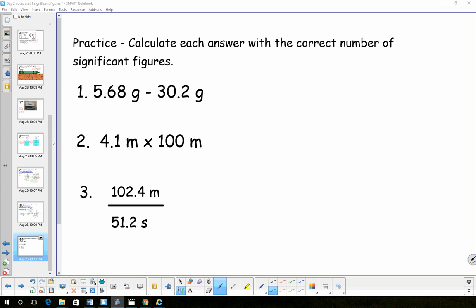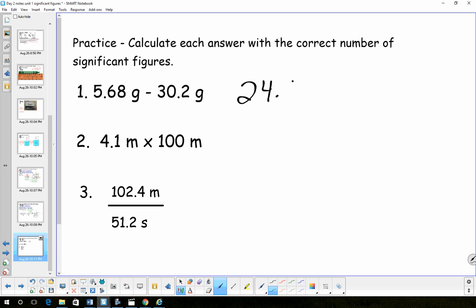Okay, are we ready to share here? Okay, who's got the answer to number 1? Who's going to be brave? Okay, Caitlin? Just tell me the answer and we'll see if it's right. 24.5.